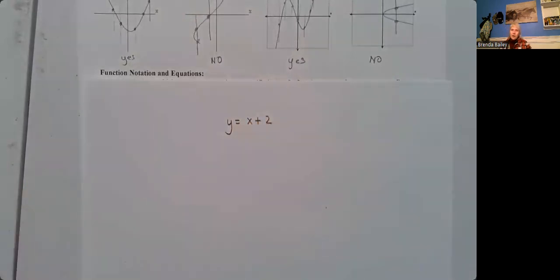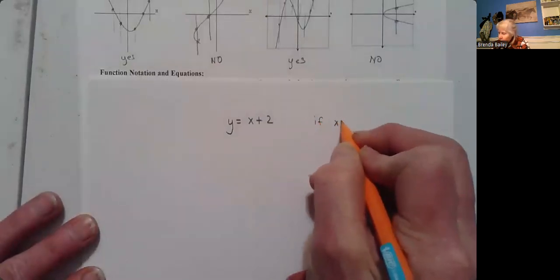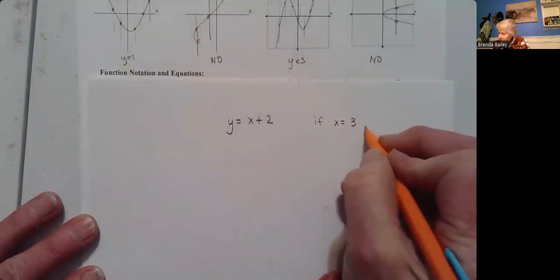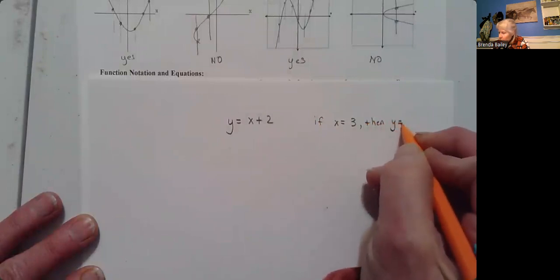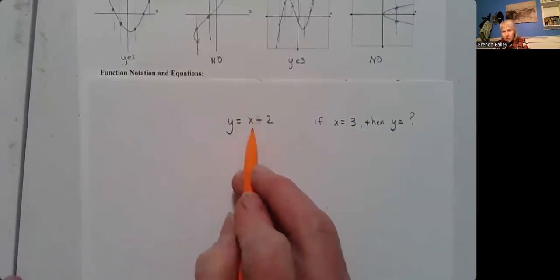All right, that's an equation. Well, what we could do is we could say, okay, if X equals 3, then Y equals what? Okay, I could ask you that. Well, you would put 3 in for the X, and you would find, okay, 3 plus 2 is 5.